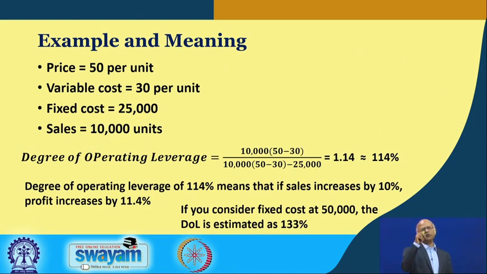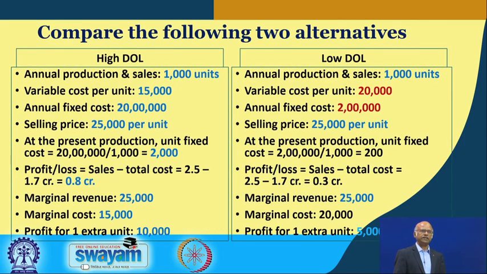Suppose in this case your fixed cost was 50,000 rupees, then you will see that the degree of operating leverage is 133%, meaning that for every 10% increase in sales, your operating profit will increase by 13.3%. Just to show this more directly, I have two examples side by side. In one, you have higher fixed cost and lower variable cost.